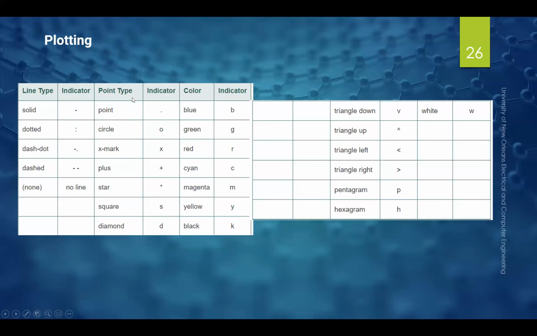So, this is again for your reference, and this is how you can make your plots look better and look different. If you have different plots on the same figure, you may want to differentiate between the different plots that you have by color or by the indicator or the symbol you're using.